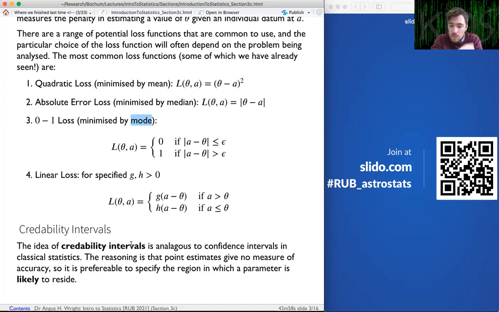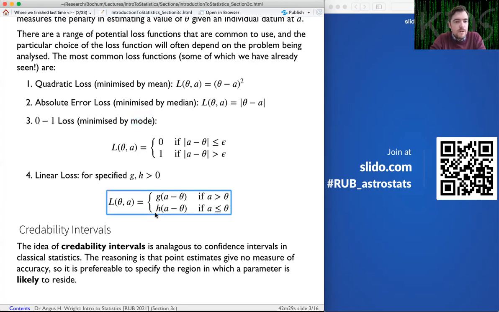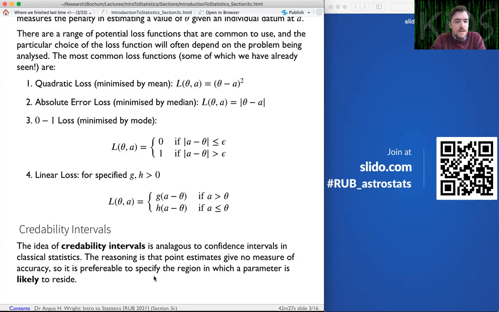And that then led us to the concept of credibility intervals, which are essentially giving us a region over which a parameter is probabilistically likely to reside. And we can do that in the posterior because we have this full Bayesian framework, this full random variable framework where all parameters are essentially random variables. So that's where we ended last week, talking about credibility intervals and things like that.